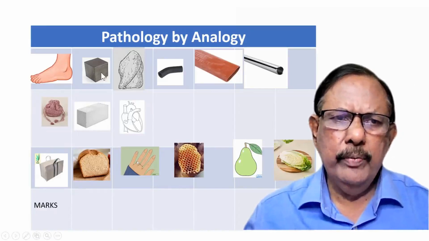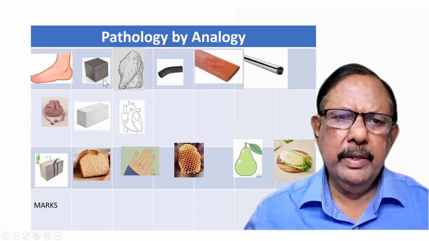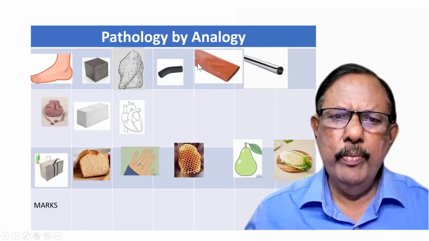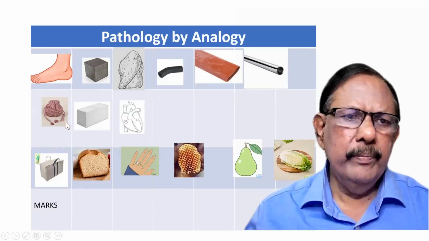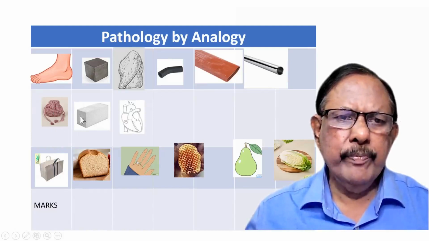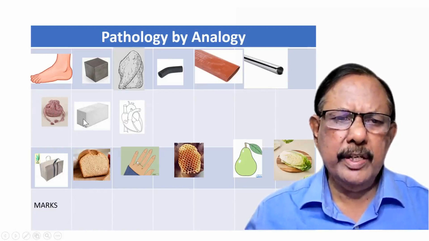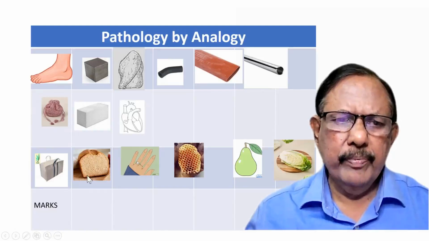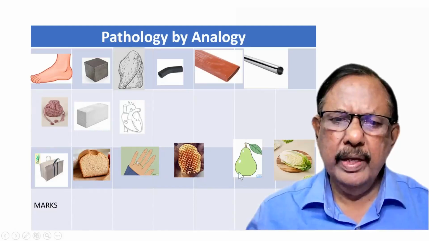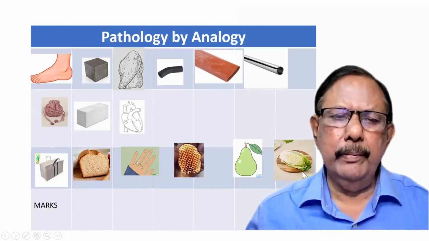The leg or the foot, a solid black object, lung by means of the fissure, a collapsible black tube, a collapsible brown tube, a rigid steel rod, a small pouch, a large wide-mouthed bag, then a grey-white solid structure, the heart, the slice of bread, fingers as is shown, and this is a bee's hive, pear, a fruit, and a cabbage that has been cut.